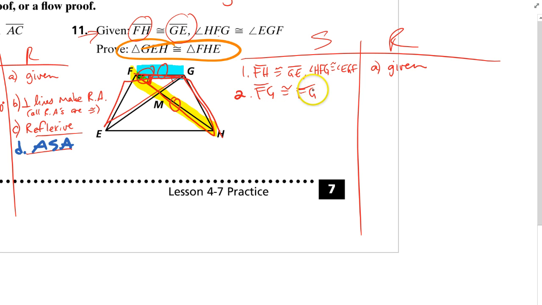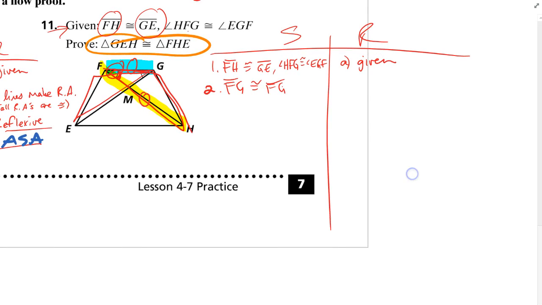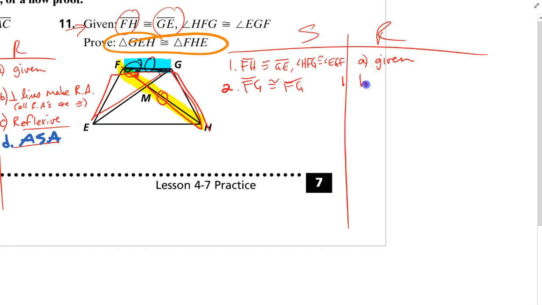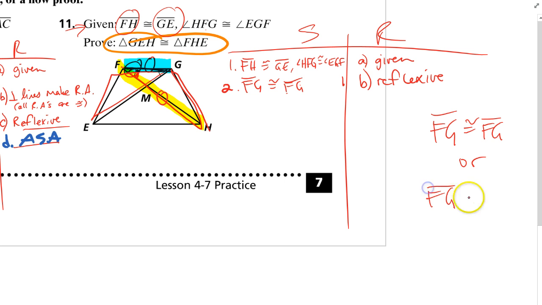And it's okay if you wrote GF here. And by the way, let me also note that anytime you're using reflexive property, you are licensed to switch the order of these two. So it's okay to write FG congruent to FG, or FG congruent to GF.